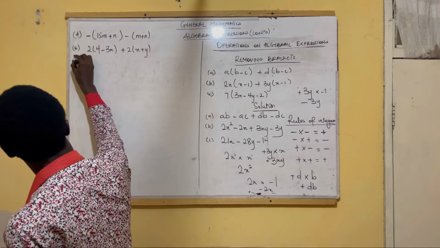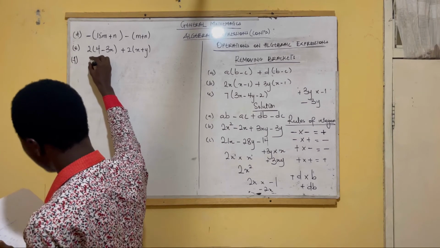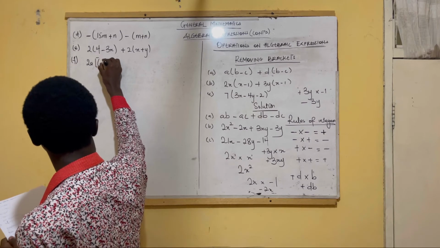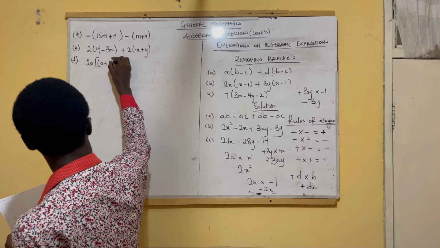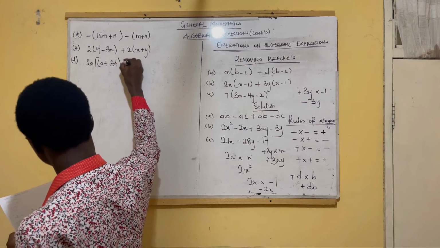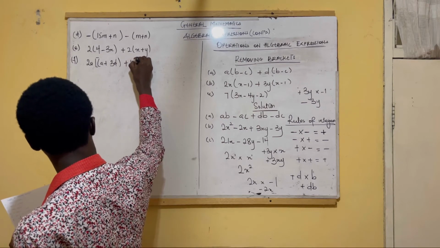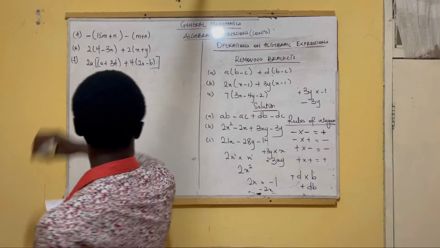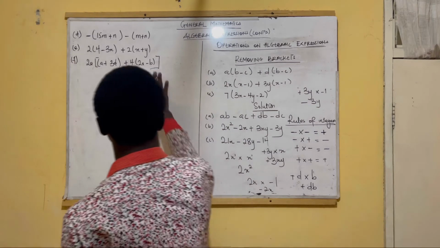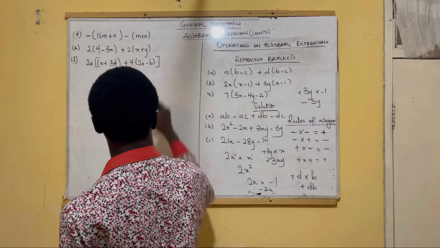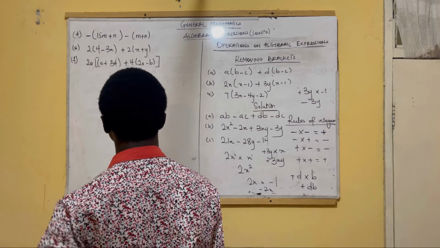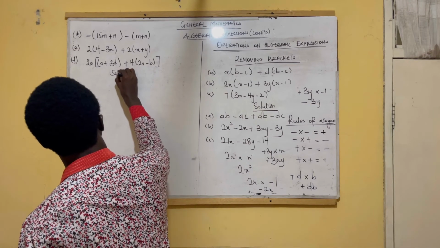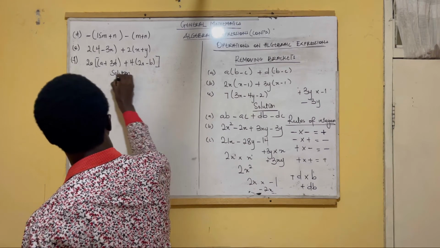Then f, you have 2a with a big bracket a plus 3d, okay, plus 4 into bracket 2a minus b, then you close a big bracket. Well, this is my last example for this section. Can you try these together? Well, please try them yourself before you review my solution.